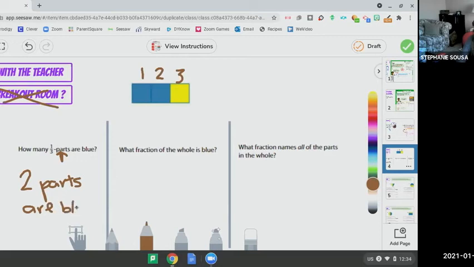So go ahead and write down that answer, that 2 parts are blue. Again, this doesn't ask me for a fraction. It asks me for the number of parts.